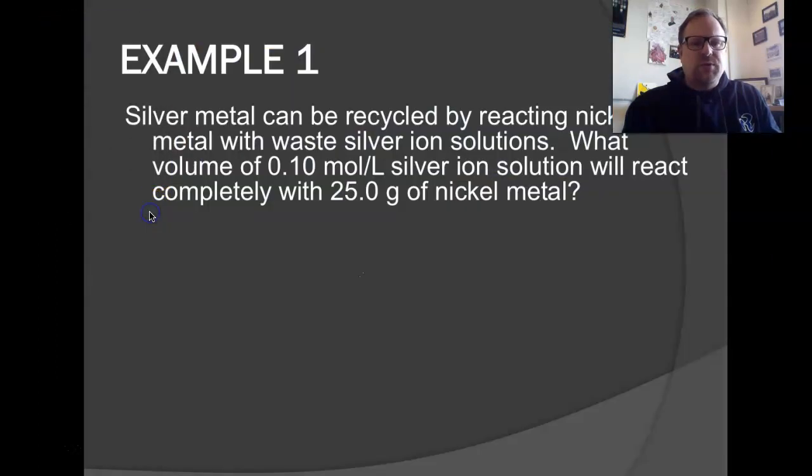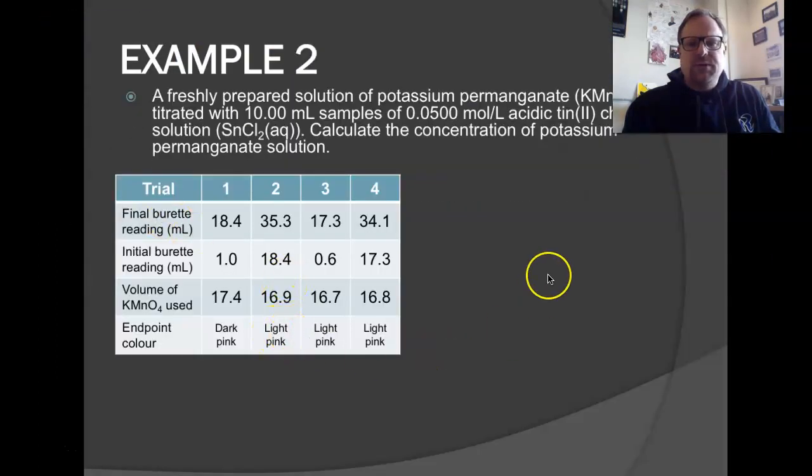This is example 2, so I'm going to switch back to this just to show you what the question is asking. And then this question, by the way, I switched from what's in your notes. I didn't like the question that was in your notes, so if you wanted to pause at this point and just have a look or copy down what is here into your notes, you are welcome to do so.